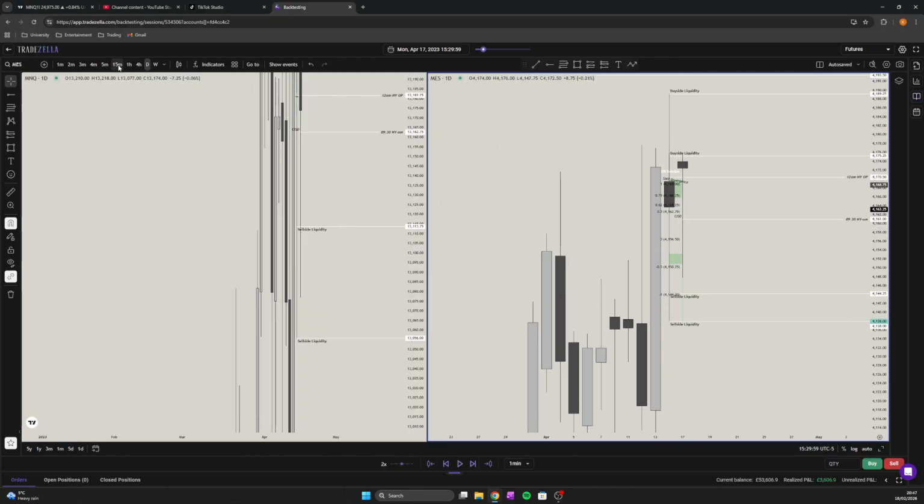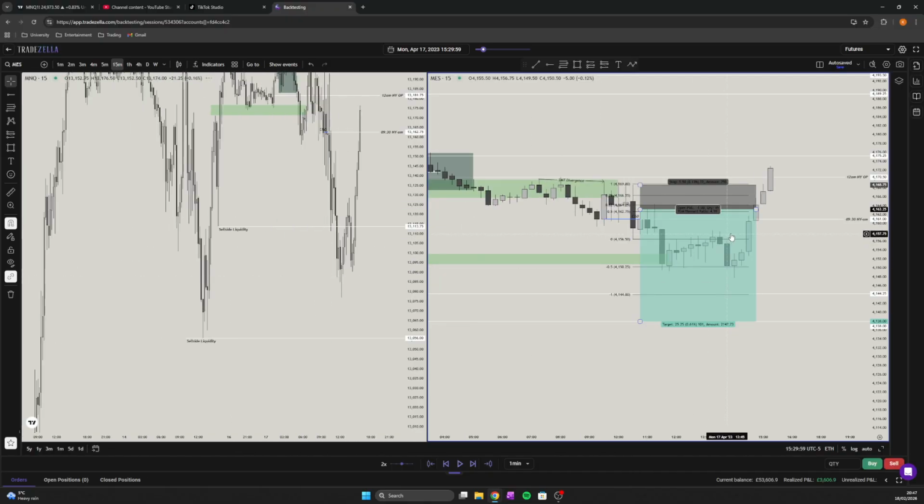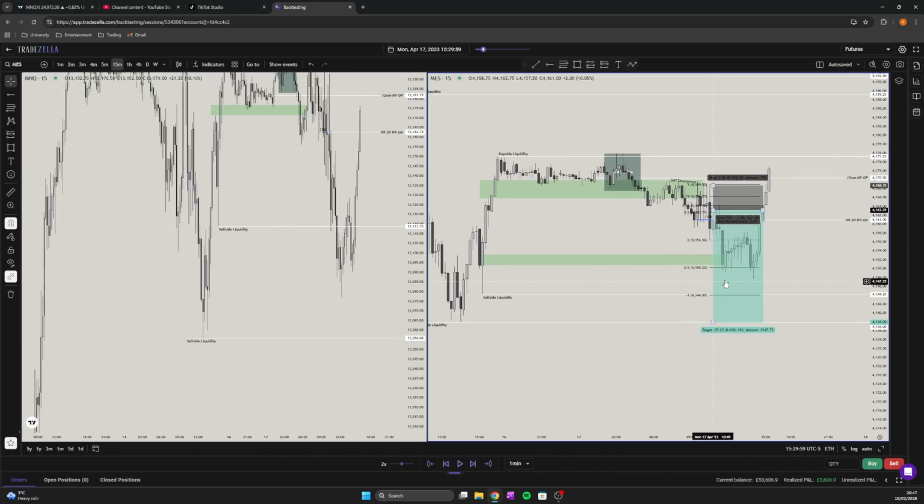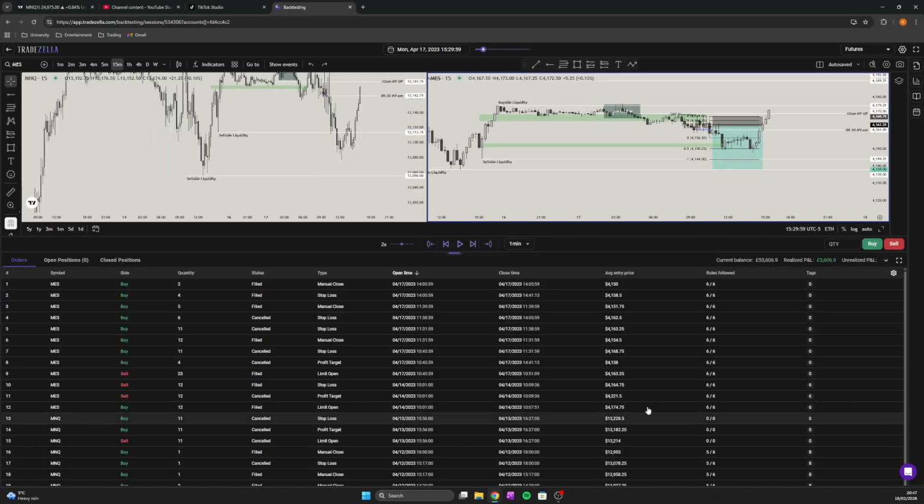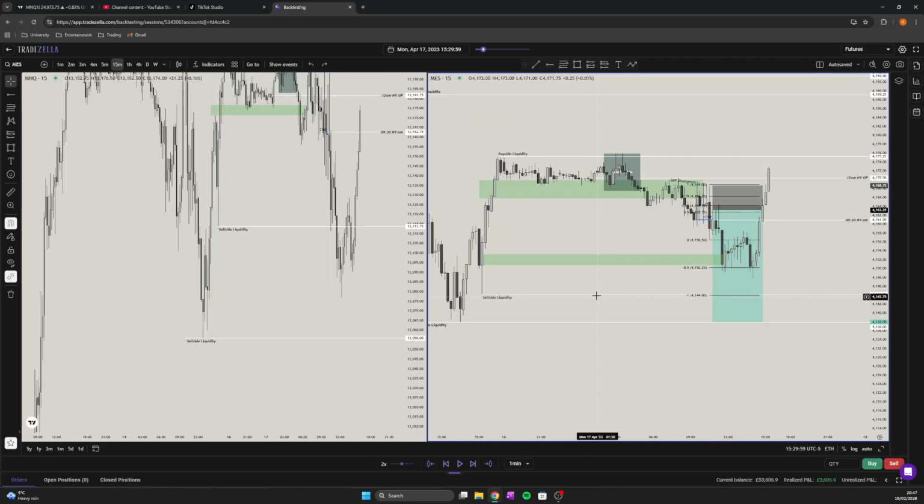Trying to really see why price did what it did right over here. Not that I'm complaining. I got my fair share of profit, like 1 to 1.5 R, isn't it, technically? Yeah. Okay.